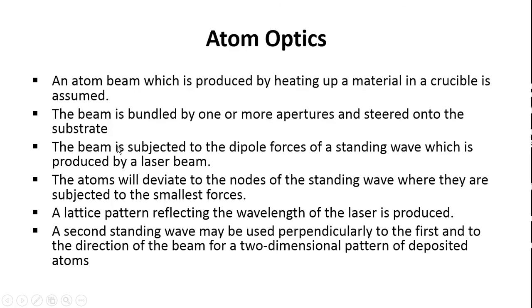Actually, an atom beam is produced just similar to the atom beam we have already seen in the case of gas condensation or such types of condensation techniques. So this atom beam is produced by heating up material which is in a crucible.